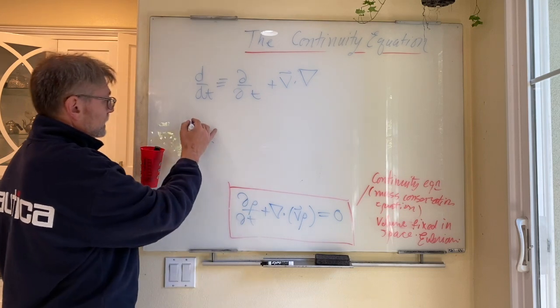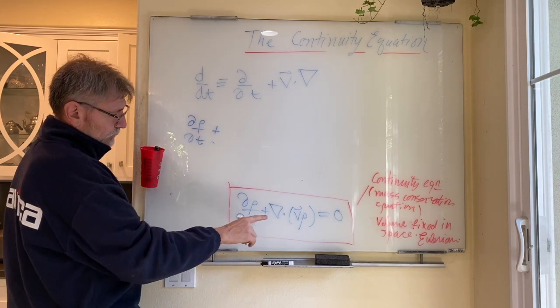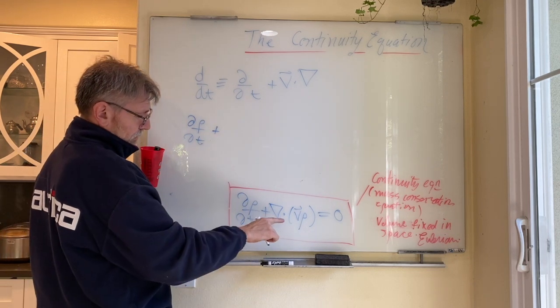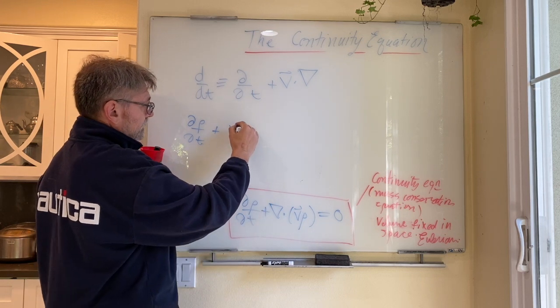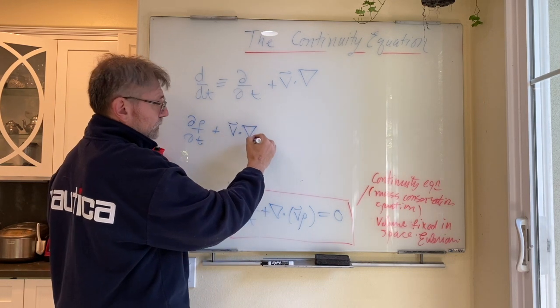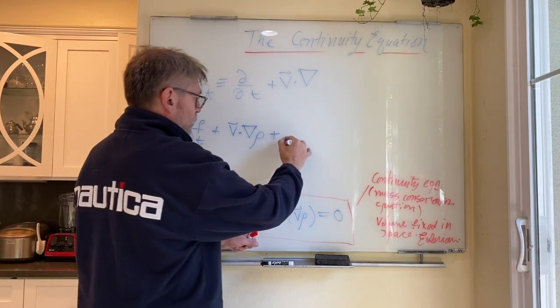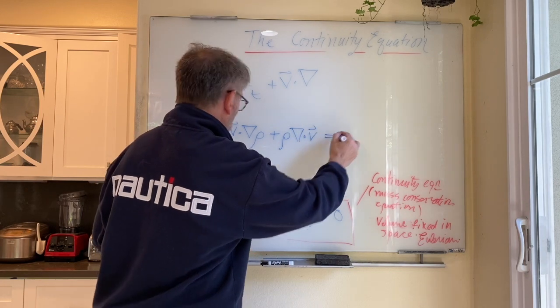So from this equation, d rho/dt plus, and now I'm just going to use the product rule on this quantity. I have the product of v and rho, so it'll be v dot grad rho plus rho div dot v. That's equal to 0.